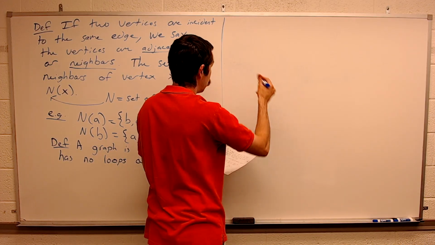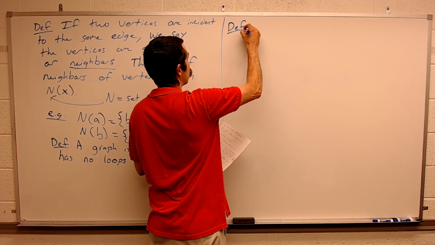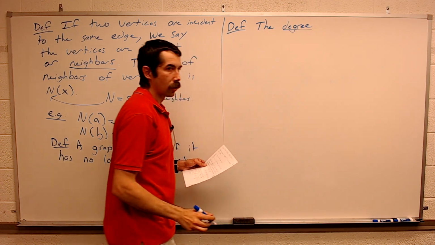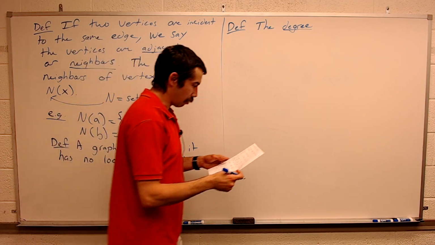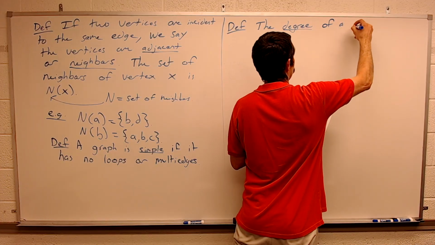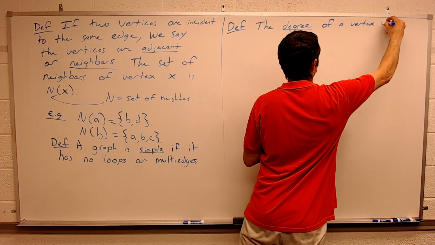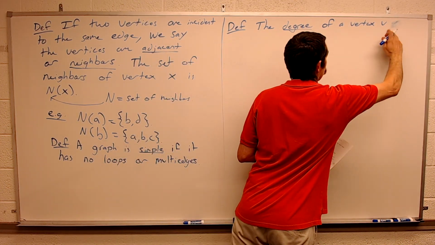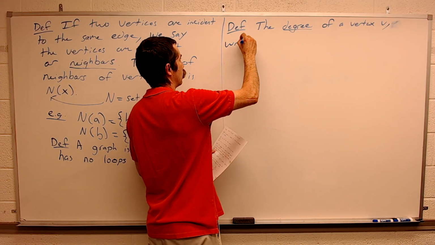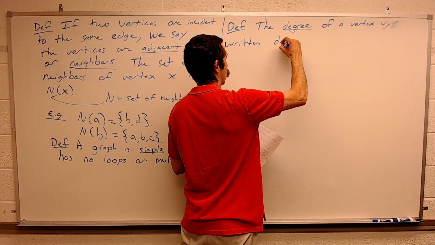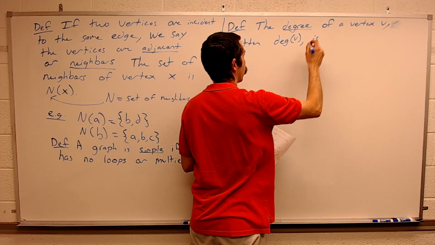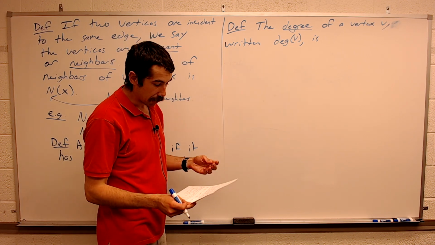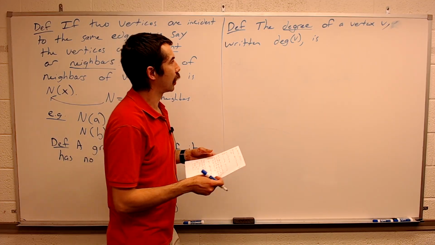The degree. What is the degree of a vertex? So the degree of a vertex V, which we're going to write degree of V. So this means the degree of the vertex is the number of edges incident to our vertex.